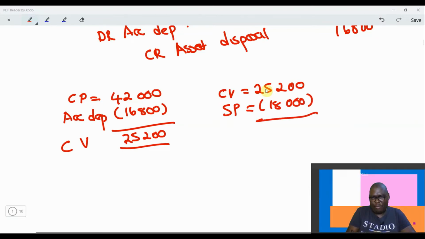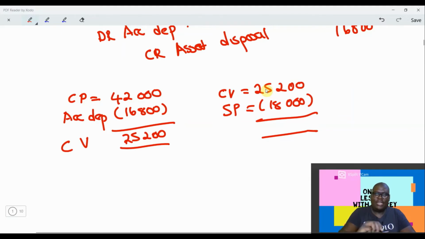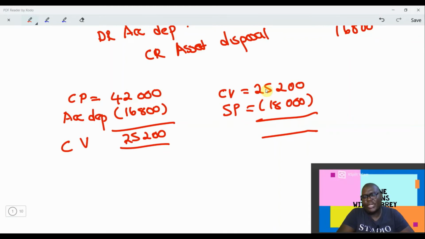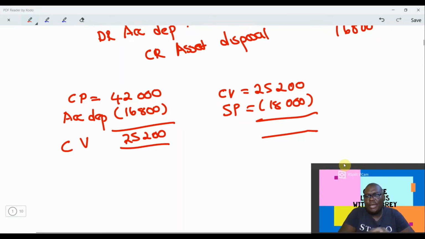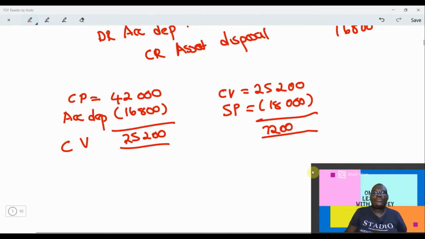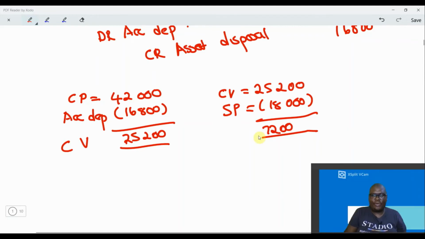So this means we're not going to have any profit, because already you can see we were supposed to sell this for 25,200, but we sold it for 18,000. So we sold it below the carrying value, therefore we'll have a loss on sale of assets. So 25,200 minus 18,000, we have a loss of 7,200.